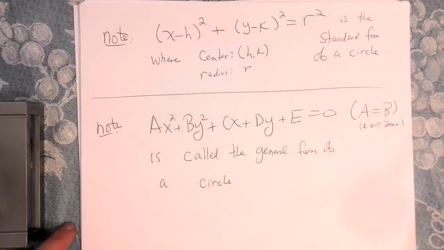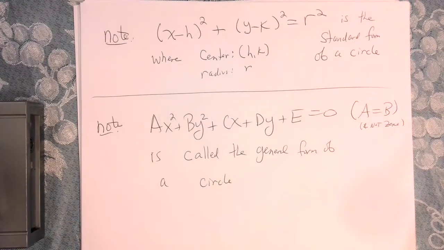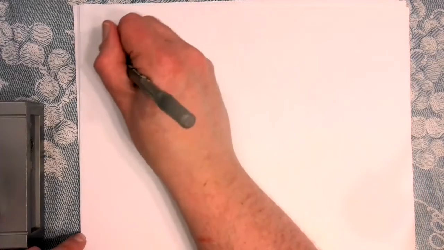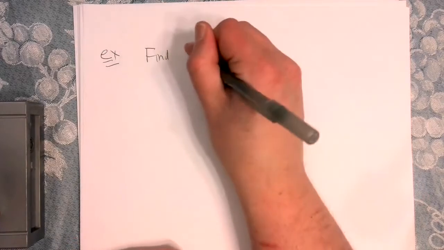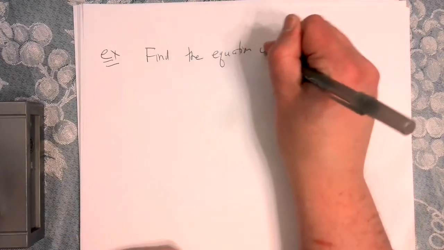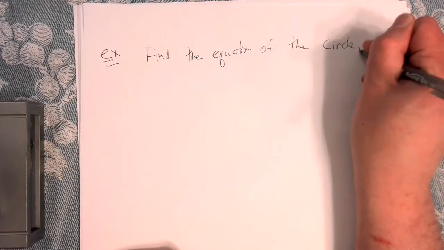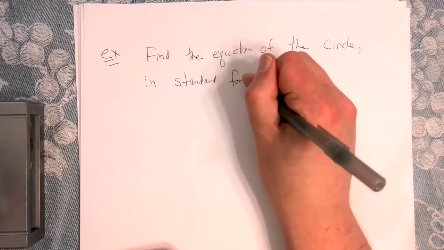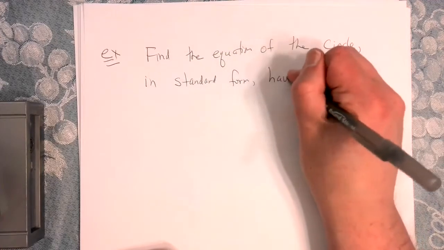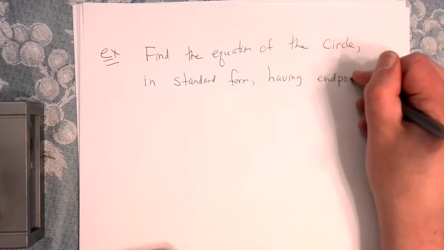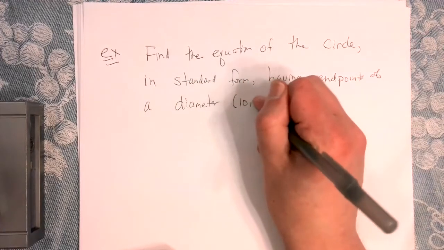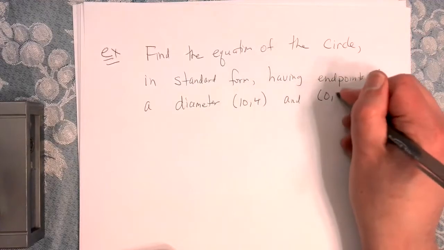So let's solve through some circle problems. For example, let's find the equation of a circle in standard form having endpoints of a diameter (10, 4) and (0, 2).